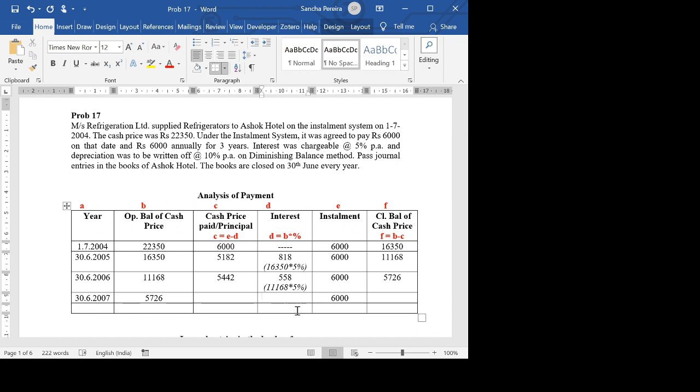We need to be a little careful. Now I need this as nil. So what I'm going to do, I'm going to write the same amount here and the interest will be the difference. The interest is going to be different. So 6,000 minus 5,726 comes to 274.